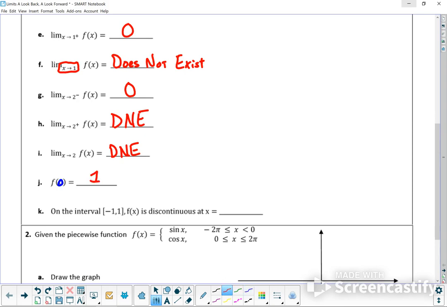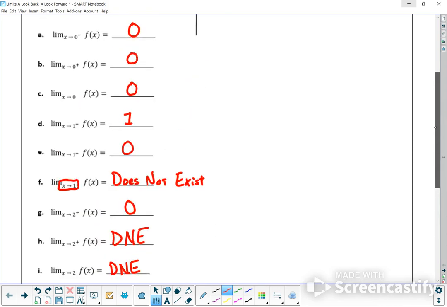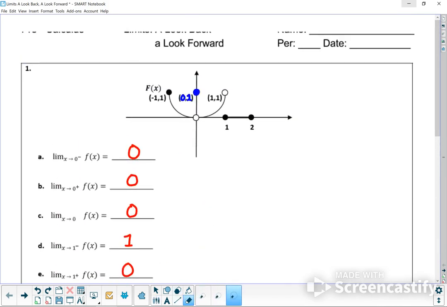On the interval from -1 to 1, f of x is discontinuous at x equals what? So it's saying in between here, where is this function discontinuous? Follow me as I'm tracing this. Anytime I take my pen off, that's when it's discontinuous. So it's continuous, continuous, continuous, and then I have to take my pen off, come back down, continuous, continuous, continuous.